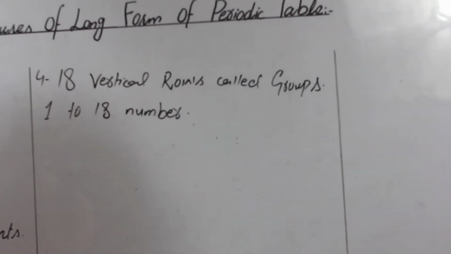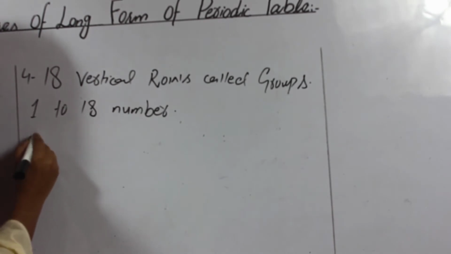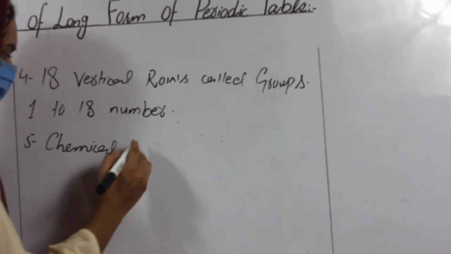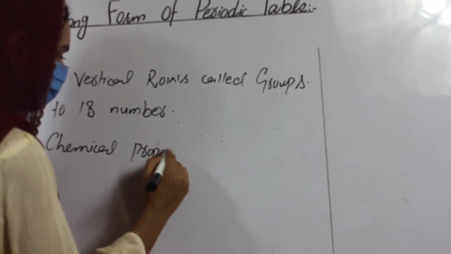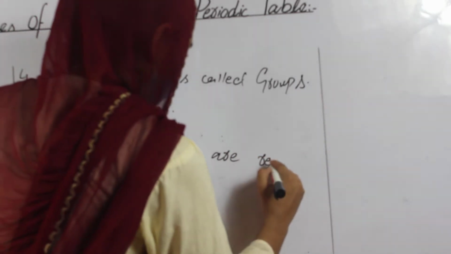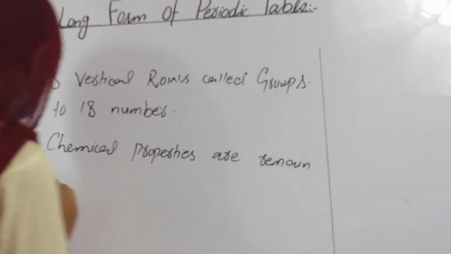In the case of groups, the chemical and physical properties of the elements are always the same. Why are they the same?